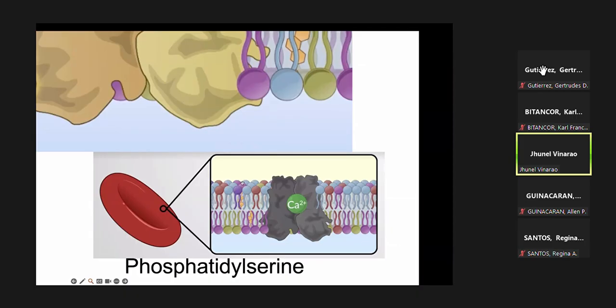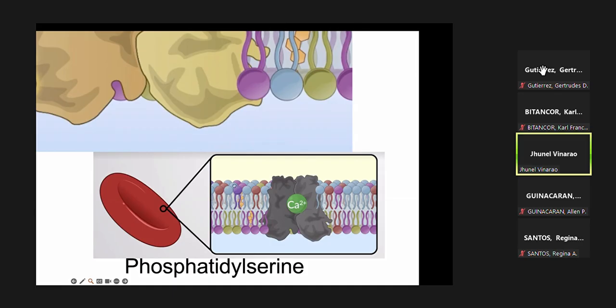And when there's already a lot of phosphatidylserine on the non-cytosolic monolayer, remember that this part of the lipids is the one facing our immune cells, the macrophages. Okay?